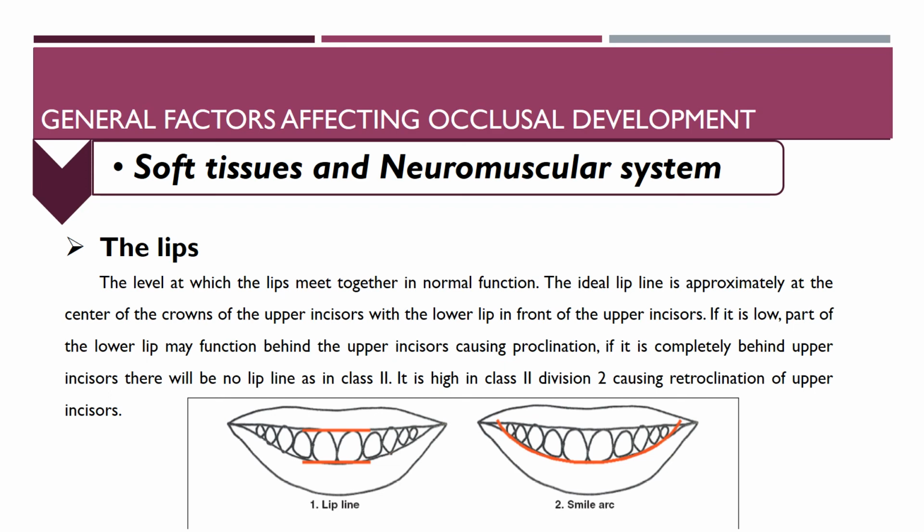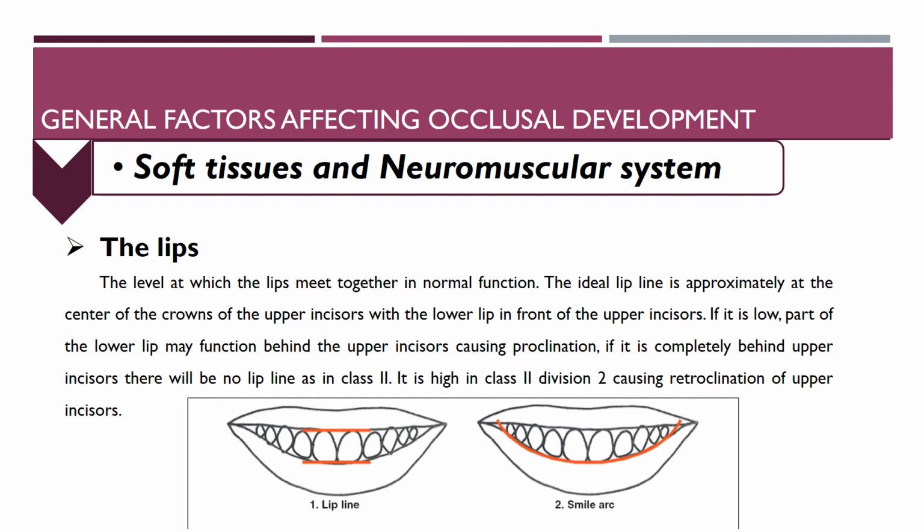The smile arc is the line that follows the curvature of the lower lip during a social smile. As for the lip line, the ideal lip line is approximately at the center of the crowns of the upper incisors, with the lower lip in front of the upper incisors.